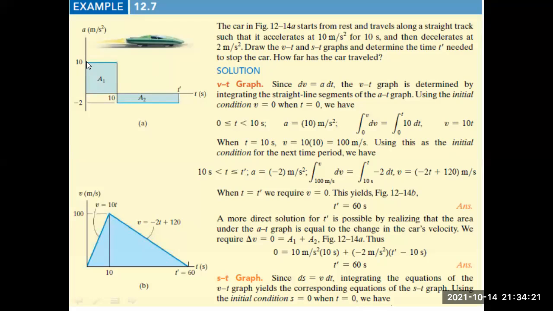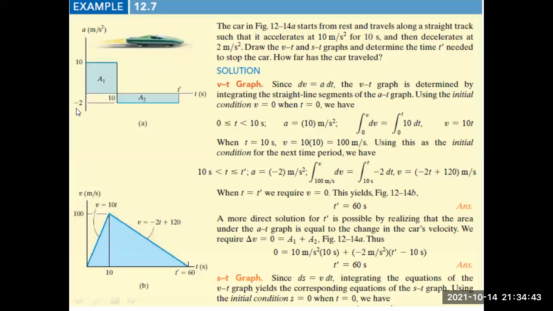And then decelerates at 2 meter per second. So the graph is given, or the plot is given, A versus T. So the plot is like at rest, it starts from rest, so from when the velocity is 0, but we have an acceleration equal to 10, then it goes all the way, then all of a sudden it decelerates to 2. Okay, decelerates negative.